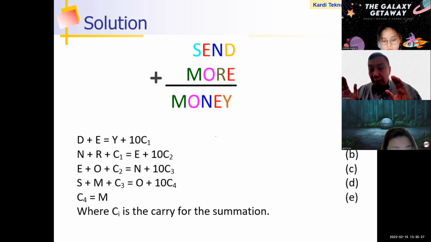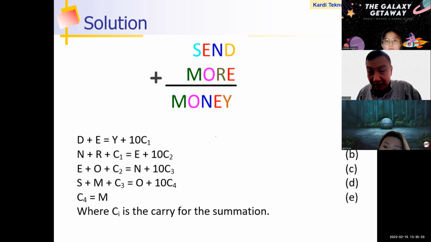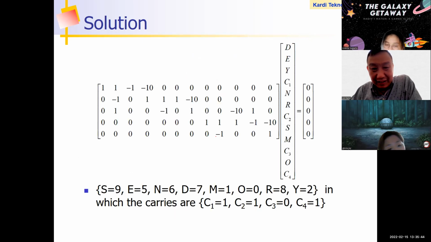You can solve this by putting everything on the left side, and the right side becomes 0. And then you can solve it using linear algebra. You remember? Something like this.